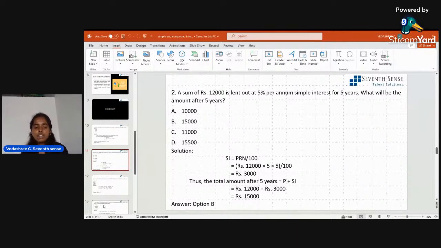The 15,000 is the amount we need to pay back after 5 years. For 5 years, the simple interest will be 3,000, so after 5 years we need to pay back 15,000, including both the principal amount and the simple interest.